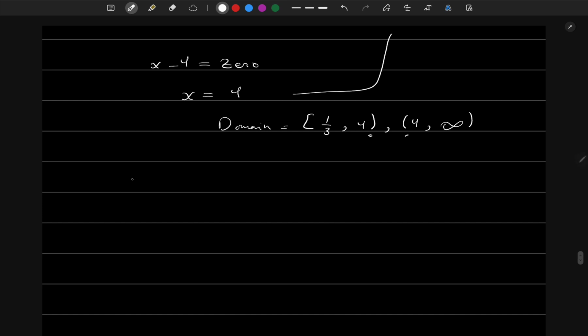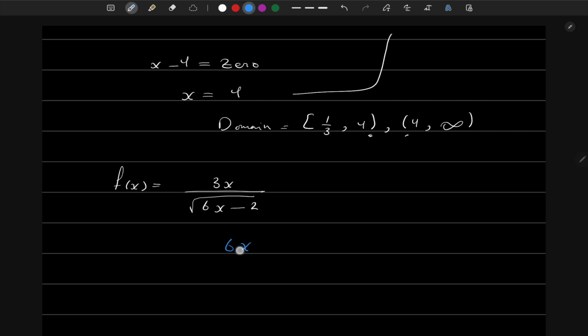Okay, what if I have the function f of x equals 3x divided by 5x minus the square root of 6x minus 2? Again, I have two conditions. The first is that I don't want a negative number under the root, and I don't want a 0 in the denominator.